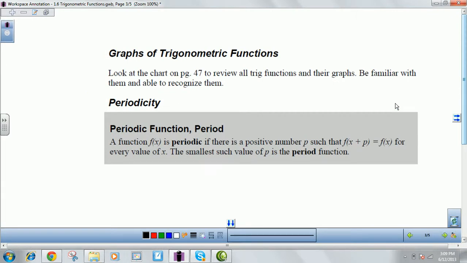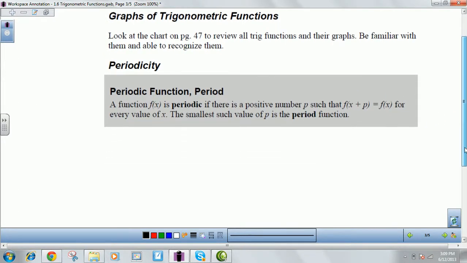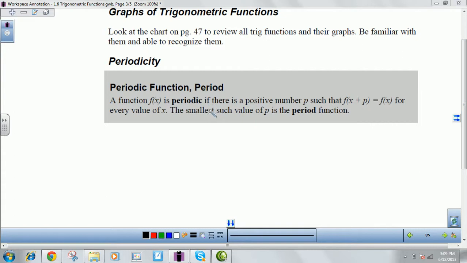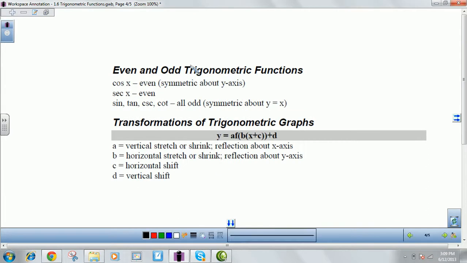Okay, so graphs of trigonometric functions. We are going to be doing one example, but all of them can be found in the book somewhere around page 47. First of all, the period of a function is basically how often the function repeats. We can find the period with this equation, 2 pi over b, and this is your b part right here.